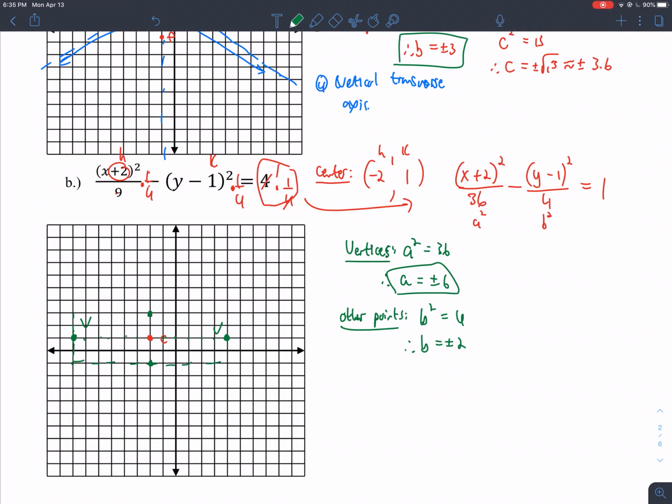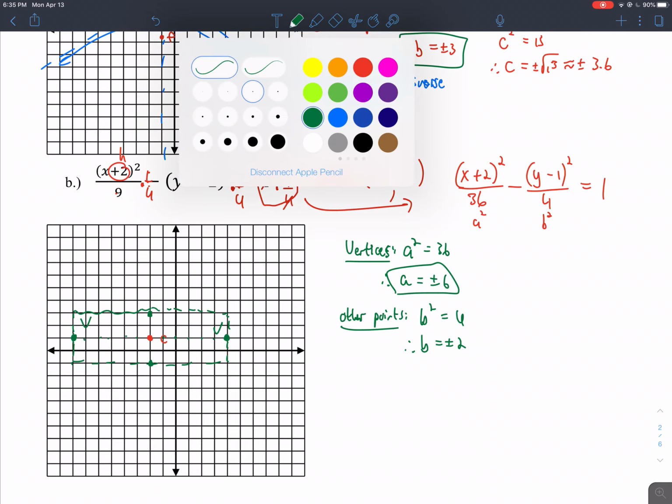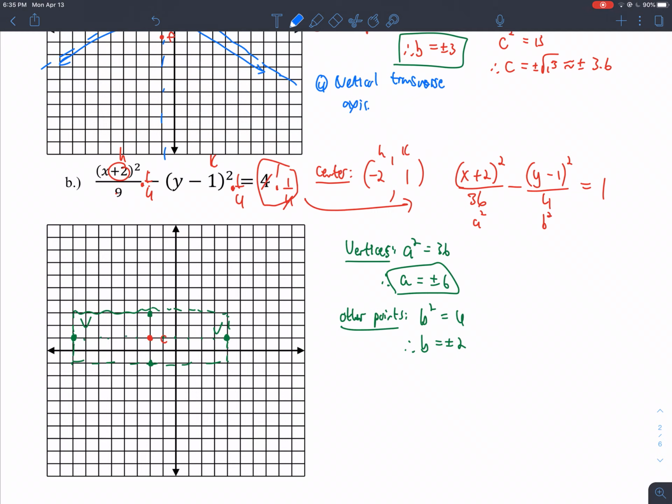This is a rectangle whose diagonals contain the asymptotes. Let me use a different color again. Now I can draw the asymptotes through the center, through the corner of the rectangle there. This doesn't have to be exactly perfect, but good enough.